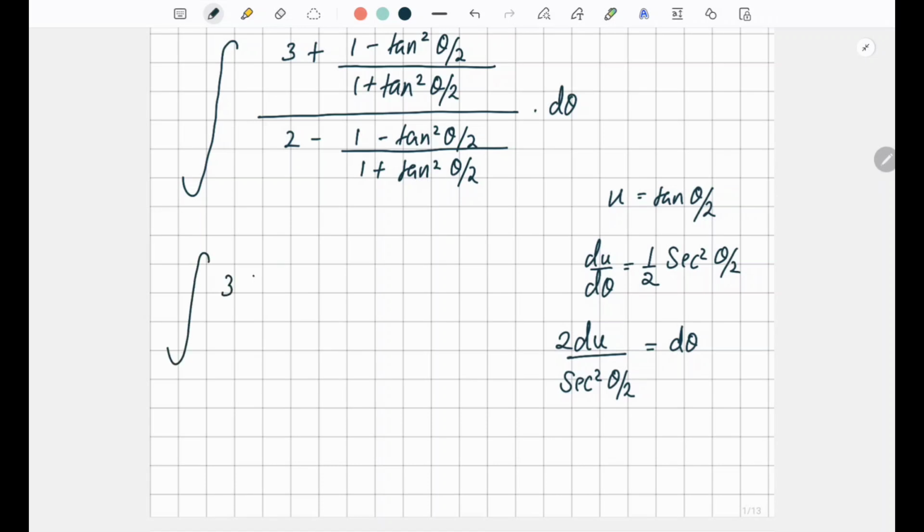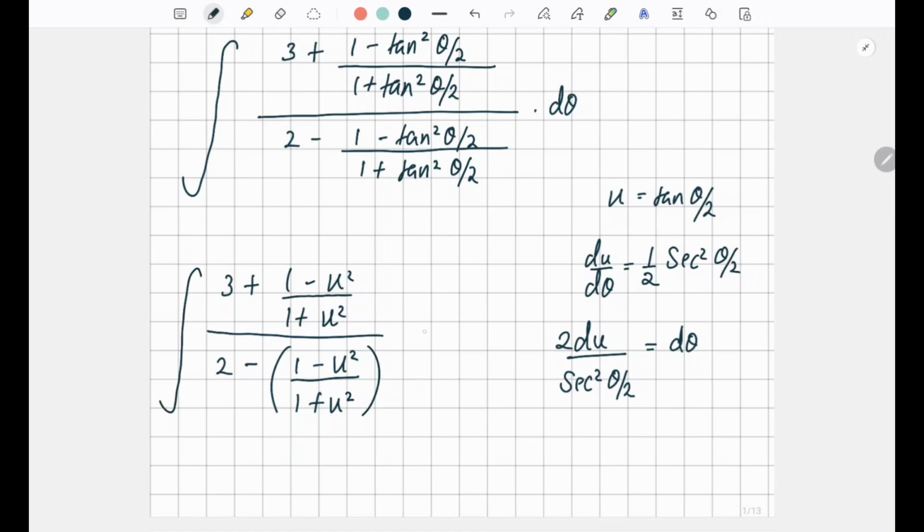So now we have 3 plus, now instead of 1 minus tan squared theta, we could write 1 minus u squared over 1 plus u squared, over 2 minus, let's put a bracket, 1 minus u squared over 1 plus u squared. And instead of d theta, I'm going to write 2 du over sec squared theta over 2.